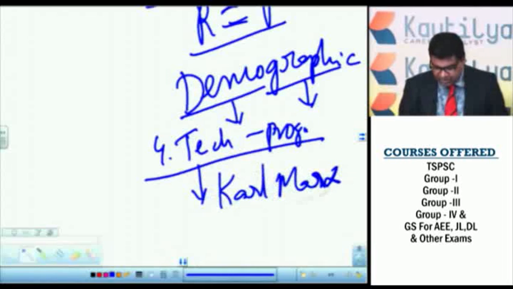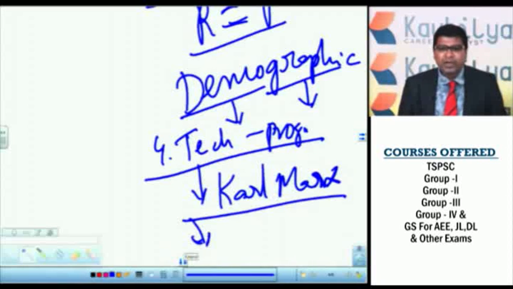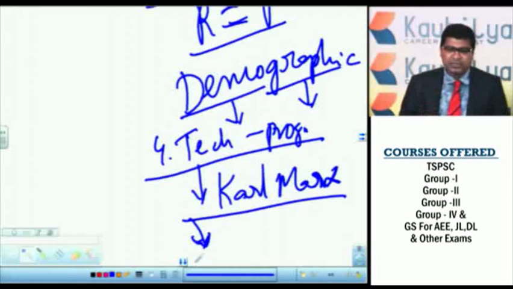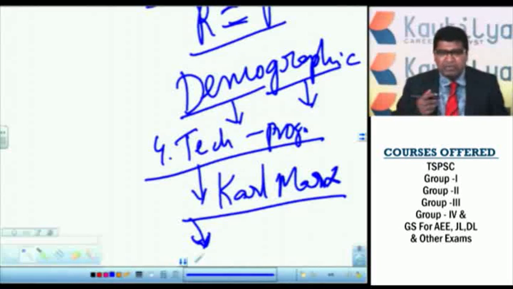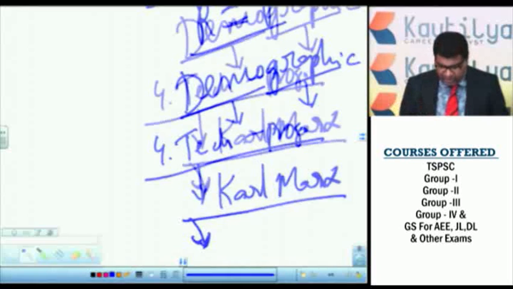According to Karl Marx, capitalists may adopt new techniques, new technology, new machines in the process of production. Whenever capitalists use modern technology, it not only improves the profits for entrepreneurs but also increases the productivity in the country.